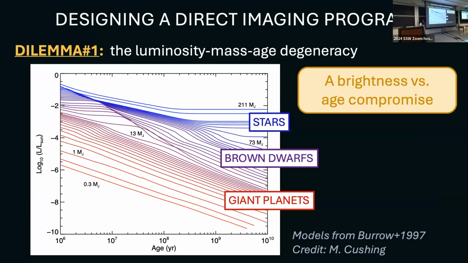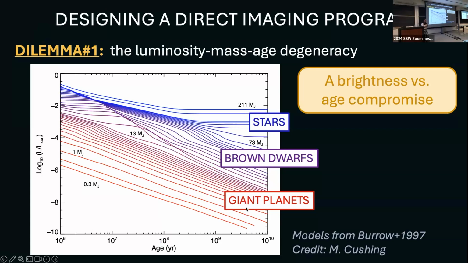And then there's a few other choices that we have to make when we design a program. So the first one is that we know that brown dwarfs and giant planets, unlike stars, don't have a main sequence. So they don't fuse hydrogen, they don't have this internal source of energy sustaining them. And that leads to a luminosity-mass-age degeneracy. So what it means is that these substellar objects spend their entire lives cooling down.